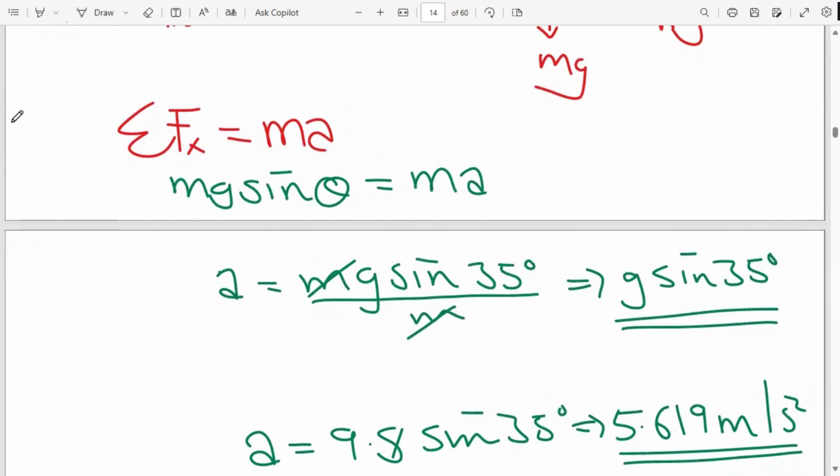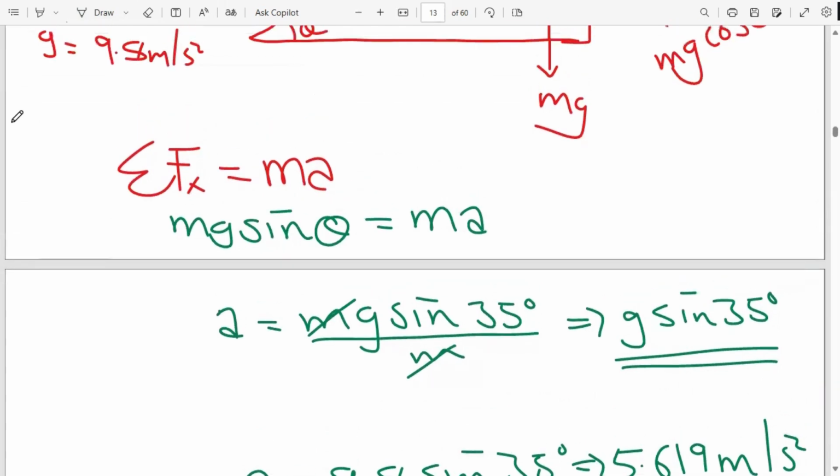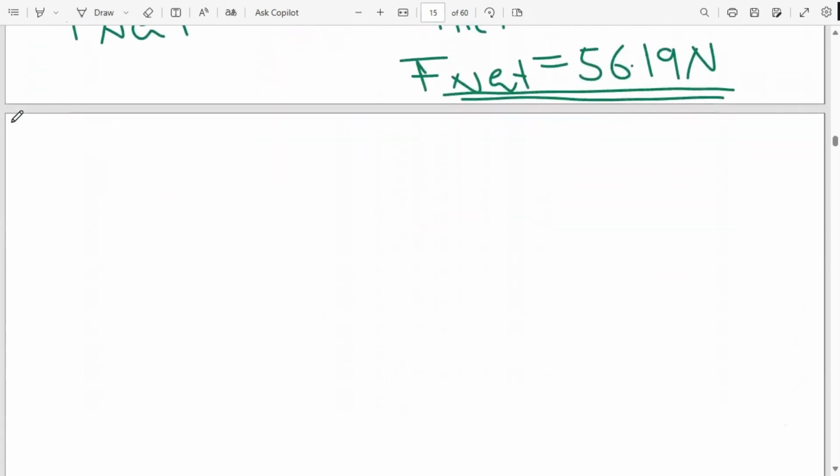So the net force in the x-axis is equal to this same mg sine theta. Then from there, you're going to get this same value of acceleration, because the summation of forces in the x should be equal to mass multiplied by acceleration.